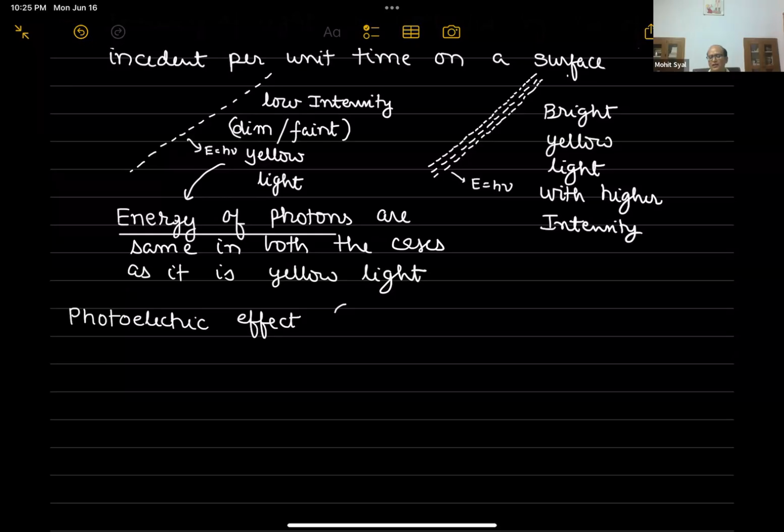The photoelectric effect was studied by Albert Einstein, and it is the proof of the particle nature of light, the proof of the photon, or photon theory.